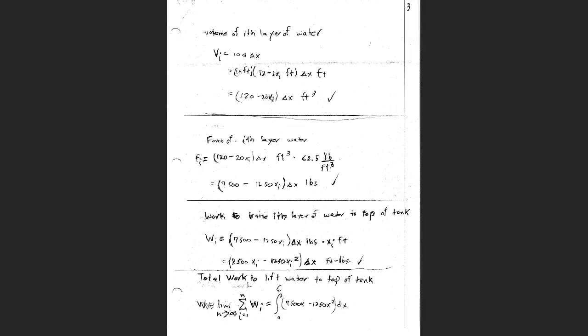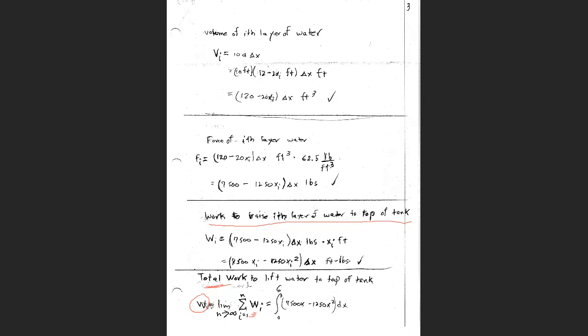You're welcome. All right, so now we got the expression for the work needed to raise the ith layer of water to the top of the tank. So then the total work, which I'll call just W, is going to be the Riemann sum, where you add up each piece of work for the ith layer of water to raise it to the top of the tank.